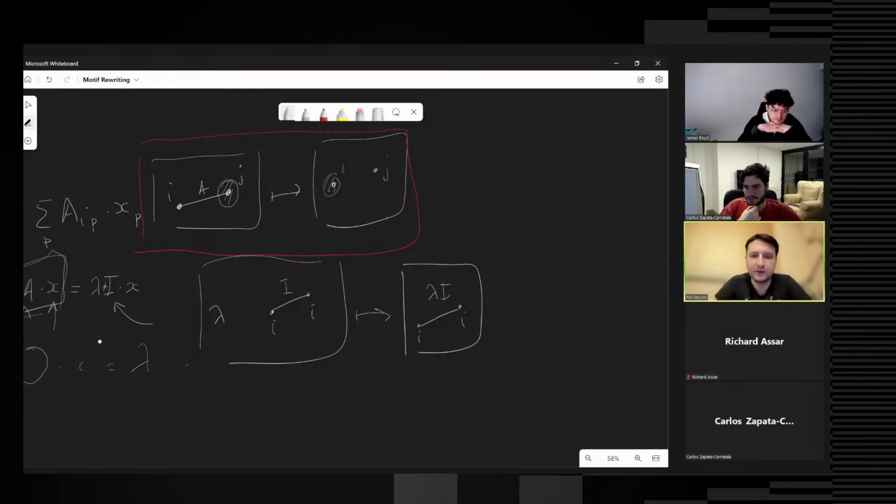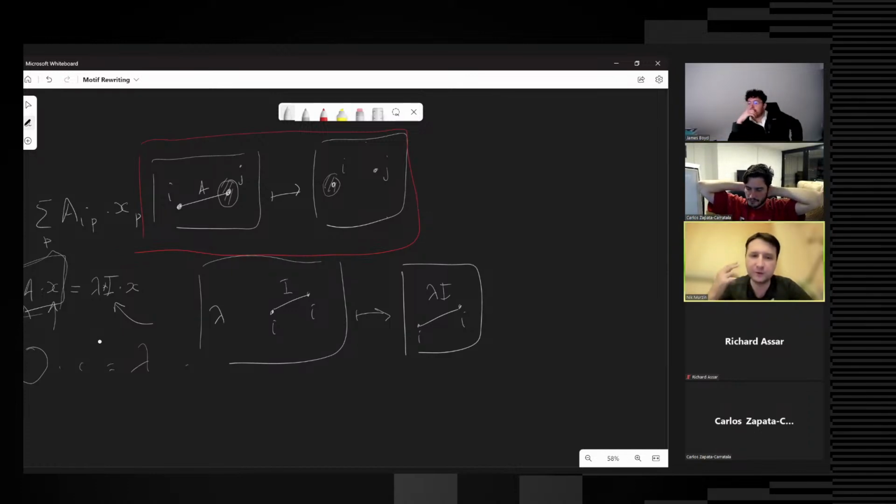Also, if you think of it, this lambda introduces this empty hyperedge, so you can think of the spectral properties as how many contractions are performed. As soon as you decompose A and X into fully elementary hypergraphs that are contracted by doing rewriting, it's how many of those actually contract to a nullary hyperedge.